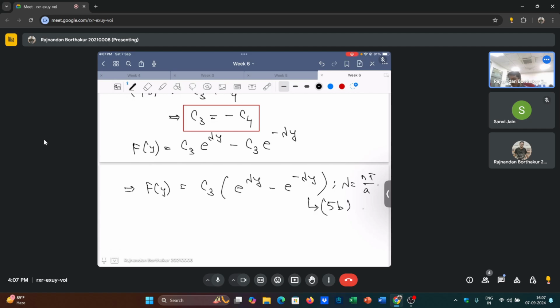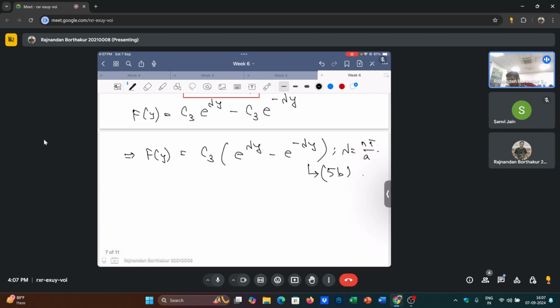If no doubts, let's now check what my T of x, y will be. Ultimately we don't need g of x and f of y; we are just using them to solve the ODEs, and after this we combine g of x multiplied by f of y, because we are interested in the more physical quantity, which is the temperature field. So your T of x, y becomes g of x multiplied by f of y.